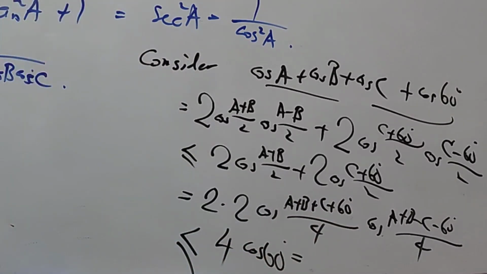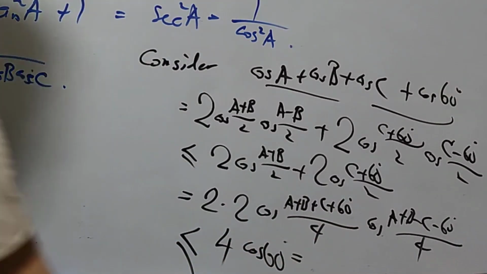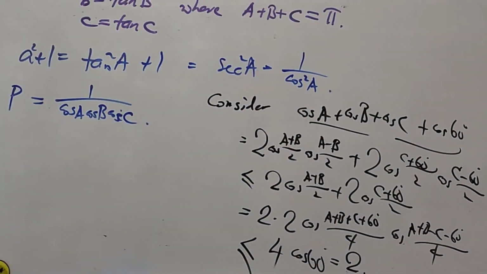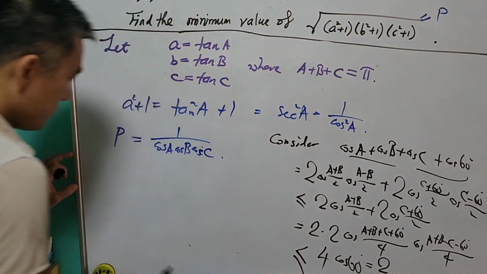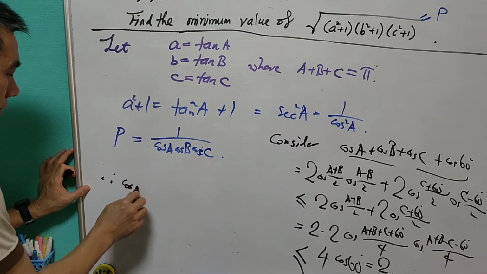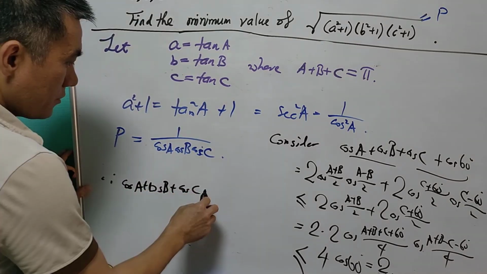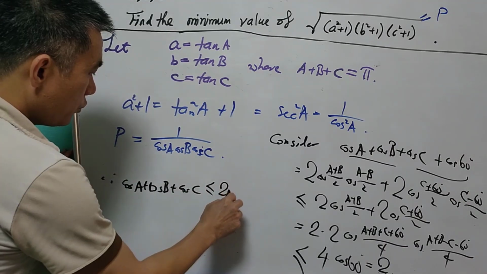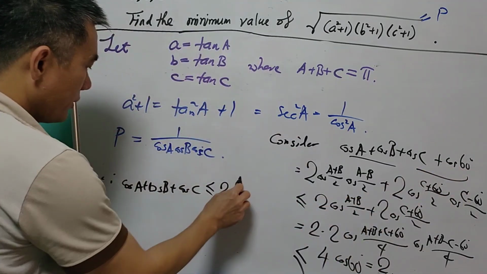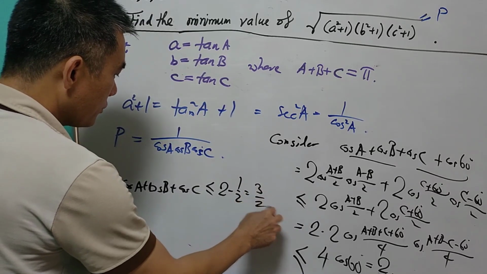And cosine 60 degrees equals half. So this is less than or equal to 2. And from here, cosine A plus cosine B plus cosine C will be less than or equal to 2 minus cosine 60 degrees, that is half, that is 3 over 2.